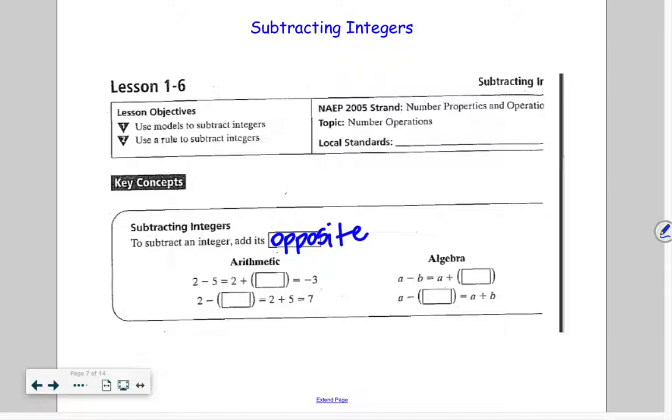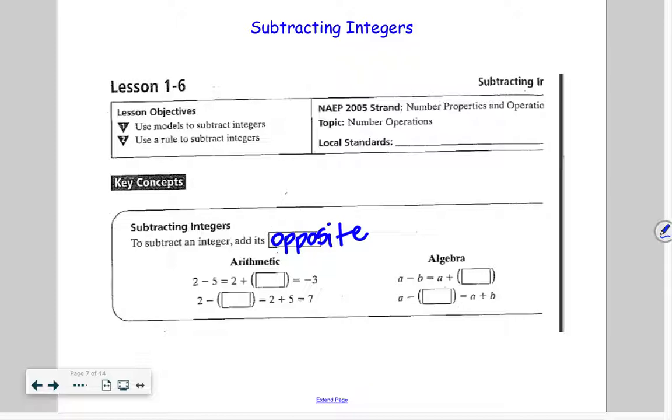You are going to get tired of hearing me say this phrase. Change subtraction to addition, change the sign of the second number. Say it with me.